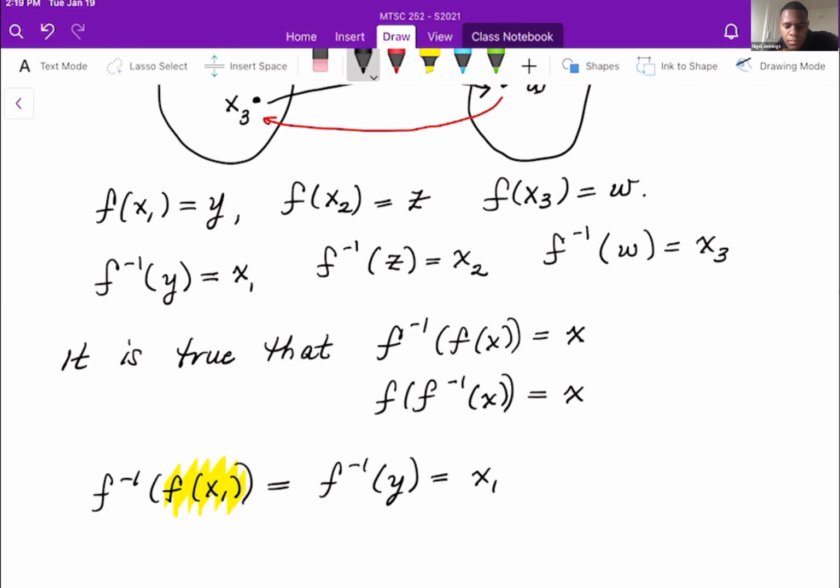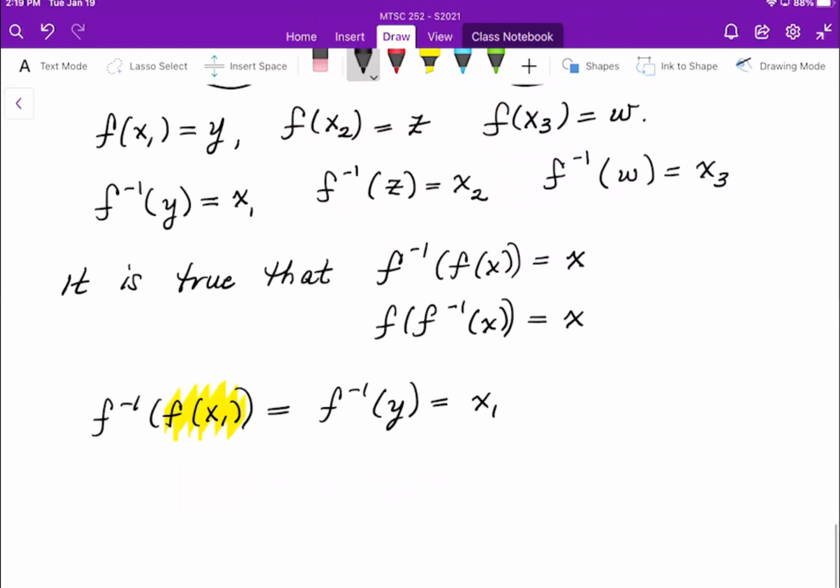Okay, let's do another one. Let's do f of f inverse of w. So now I have to compute this first. So I need to do f of, what is f inverse of w? X3. X3.